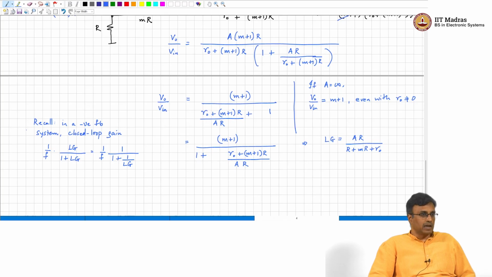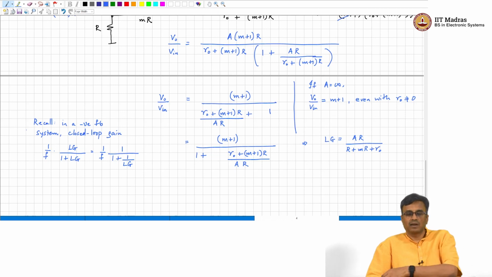Closed loop gain m plus 1, all right. Okay. So the loop gain has not changed very much because of R naught, and therefore, the closed loop gain remains m plus 1.